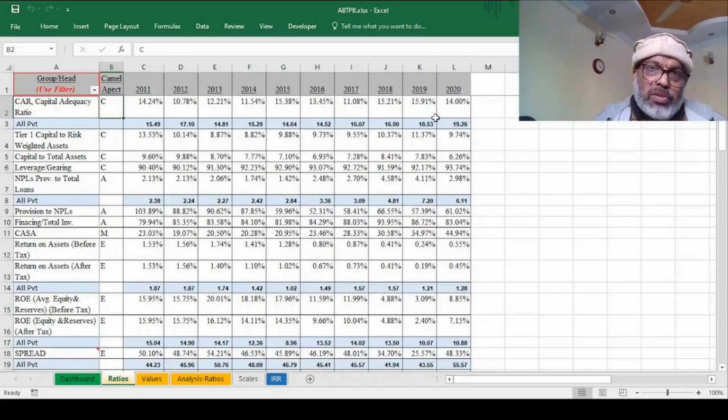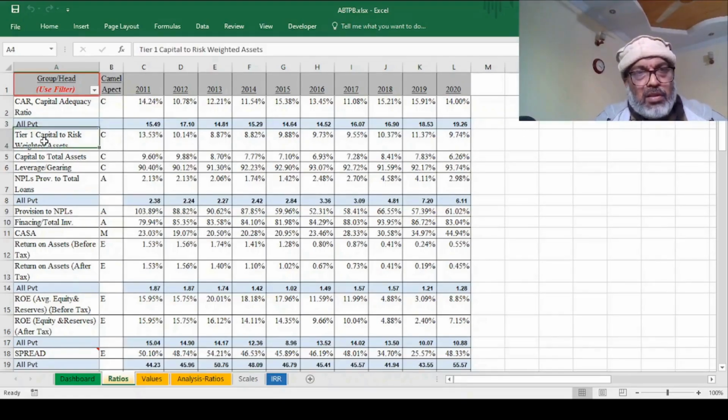But if it is too high, then it means that the bank is a bit lethargic. It is not doing its banking business efficiently and not lending to the businesses. And this is the ratio of the central bank, all the banks' average ratios, and we compare it with it. And this is capital to risk weighted assets and capital to total assets.